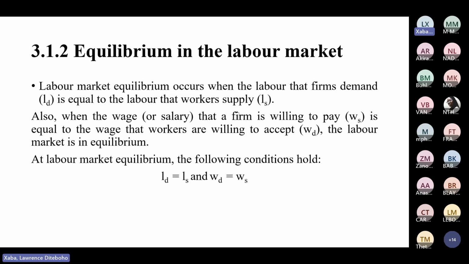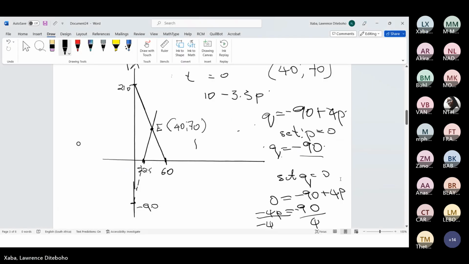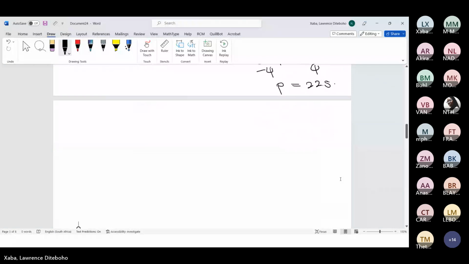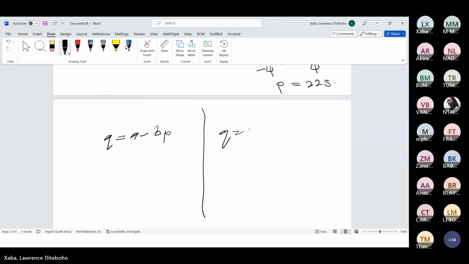For an example, if you remember our equation or function of demand, we are still here.